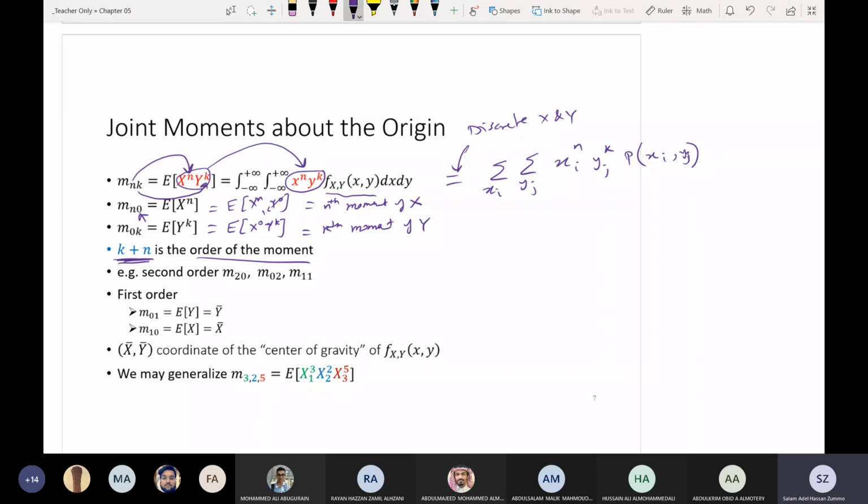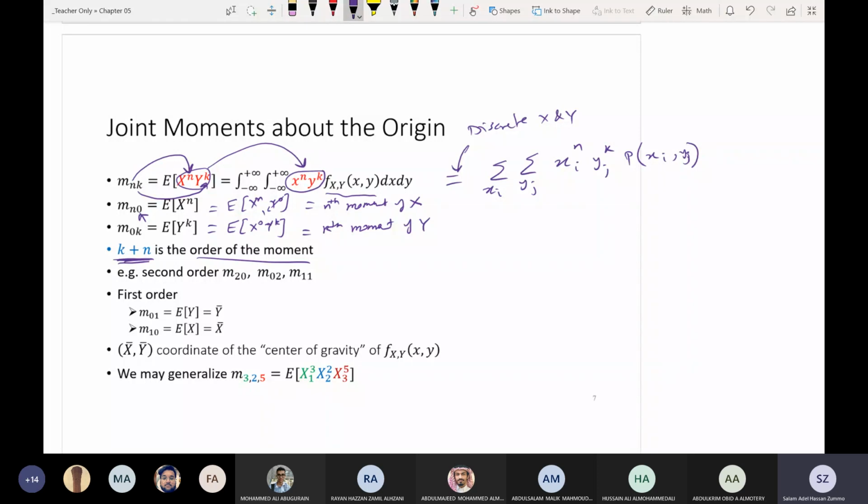And you can see that these are not joint moments. If you set any one of them to 0, it's a moment of only a single random variable, x or y.